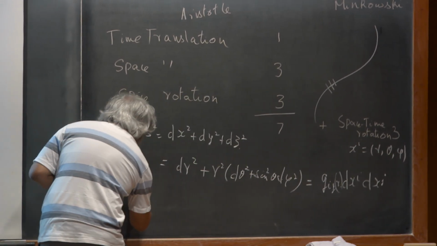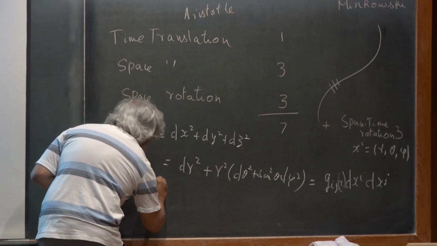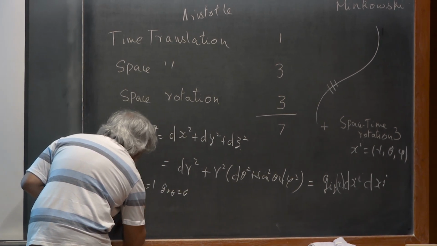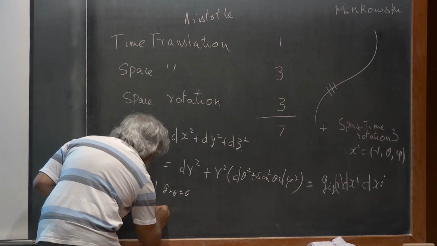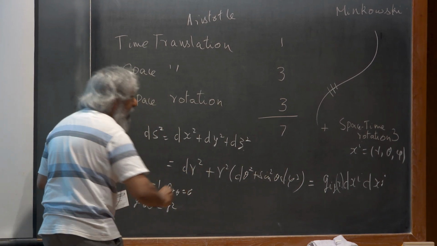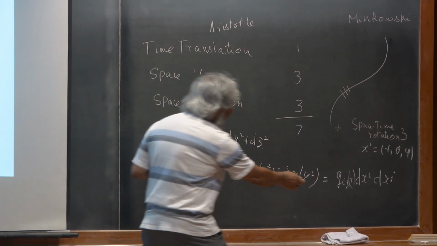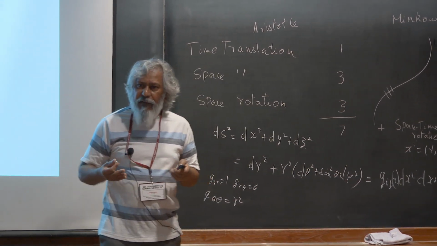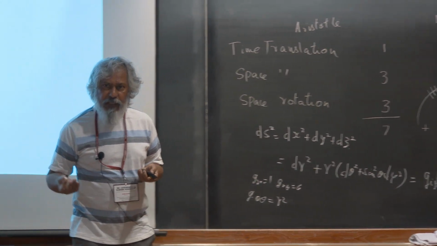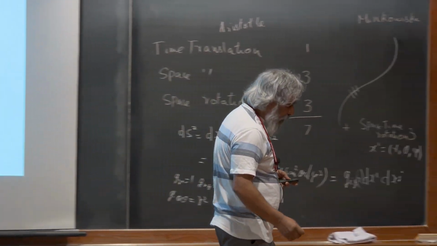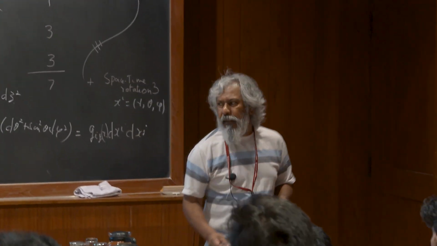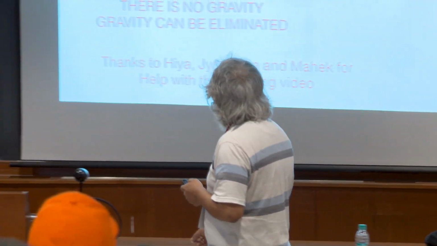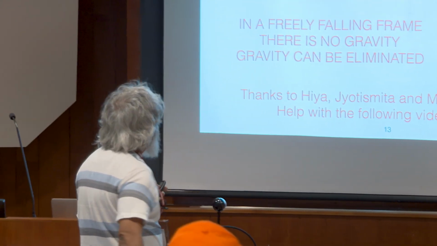So for example, g_rr is equal to 1, g_r theta is equal to 0, g_theta theta is equal to r squared, etc. So these are now functions of position. So that happens even in flat space if you choose curved coordinates, curvilinear coordinates. Now, the relevance of this will come out in a few more minutes.